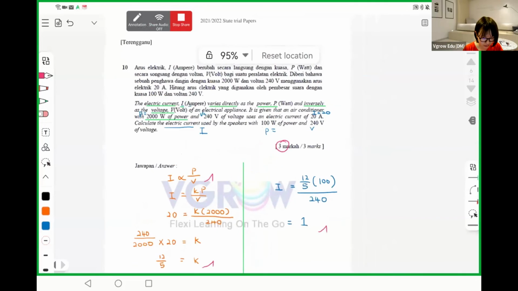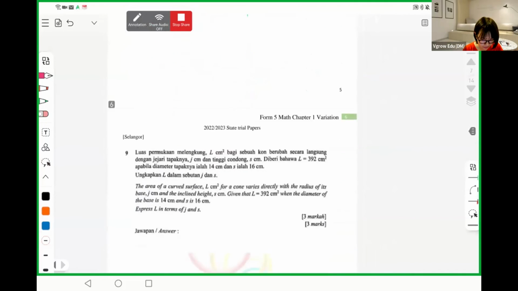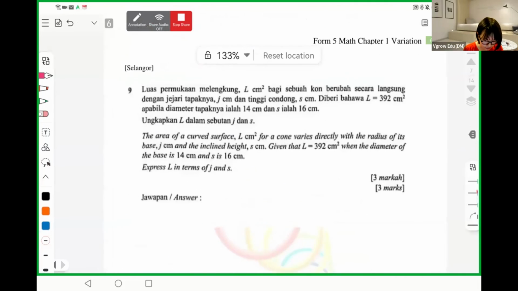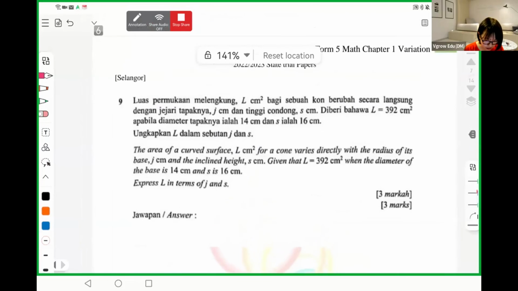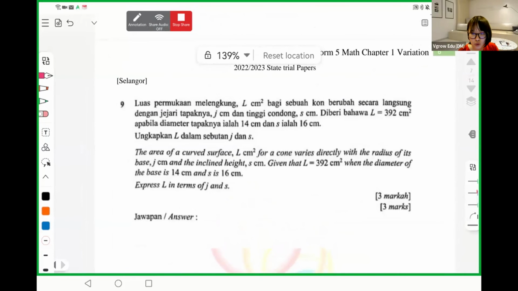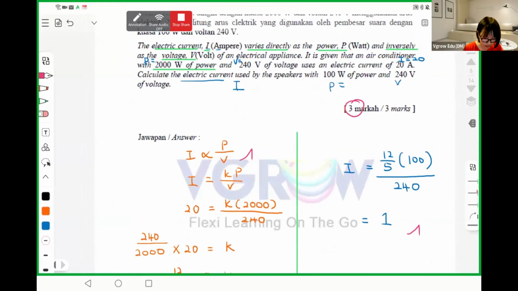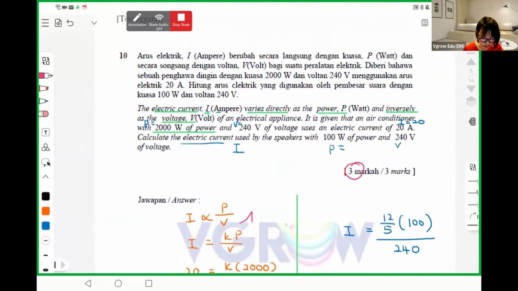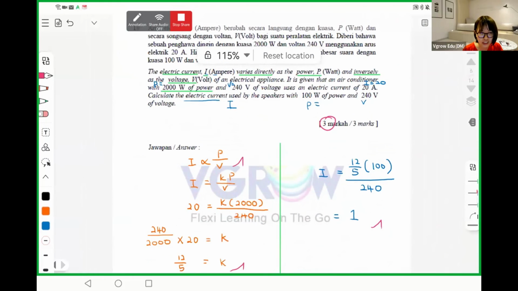Okay. Next, you look at whether you need to put the unit or not. A very good question here. Actually, you don't need to put the unit, also can. Why? Because the question already gives you the units. In this case, it's safe if you didn't put the unit.